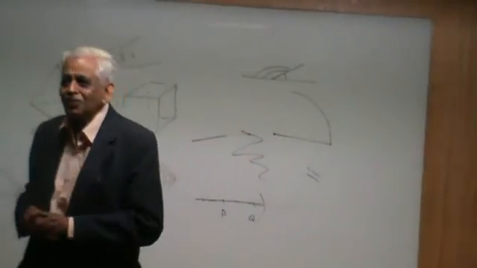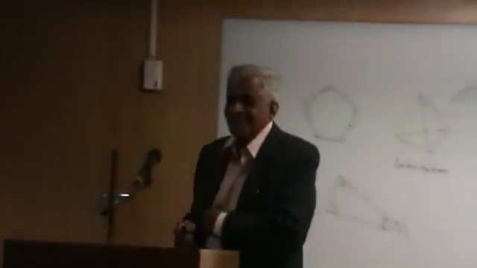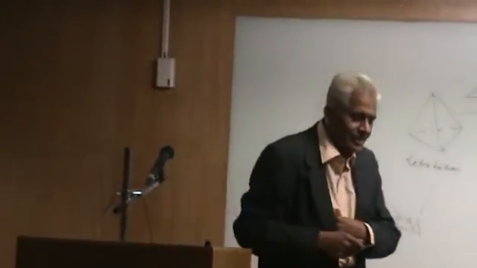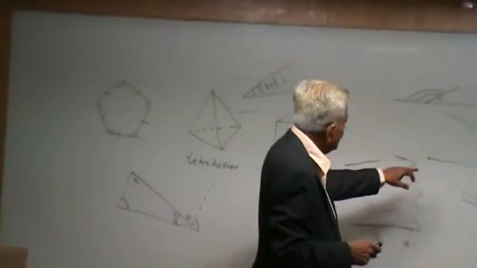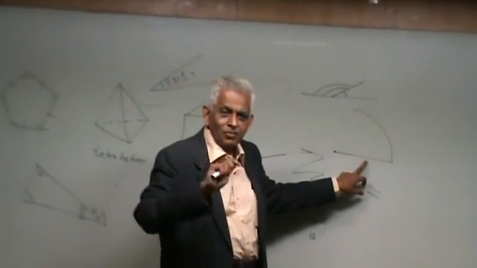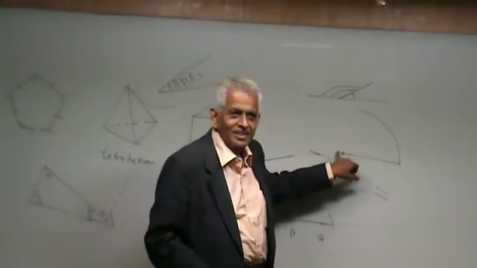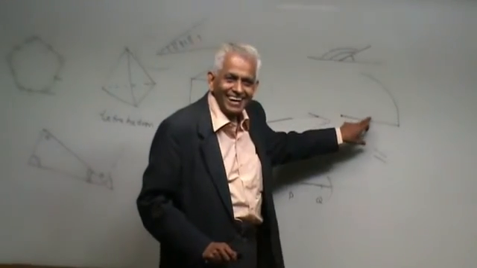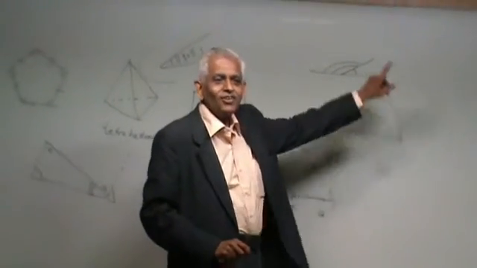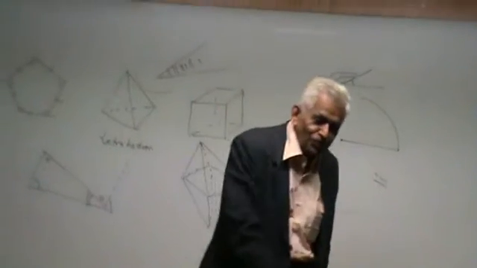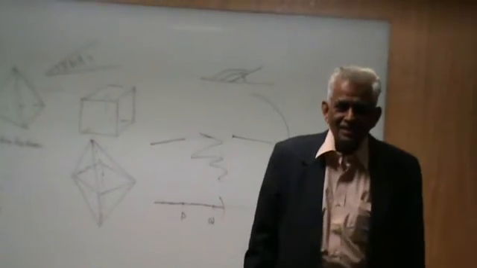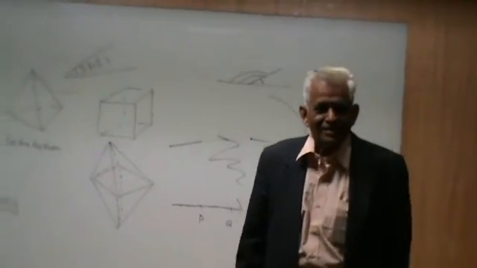This is one of the postulates of Euclid, that through a given center, and he would call this radius, but radius is not a number, given a point and a radius, you can draw a unique circle. That is his postulate.